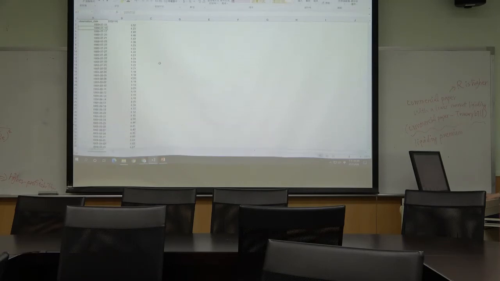The first one, you see DTB 1 year, that's the 12-month, 1 year Treasury bill rate. It is daily data, and the unit is percentage.